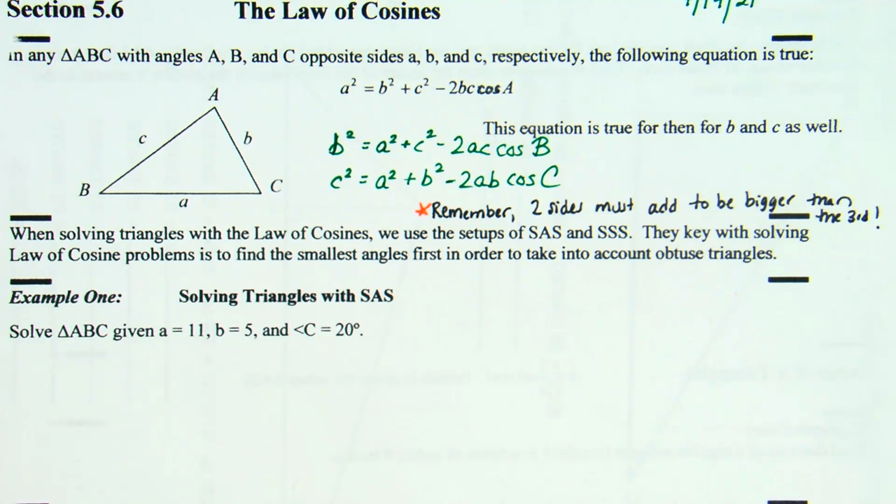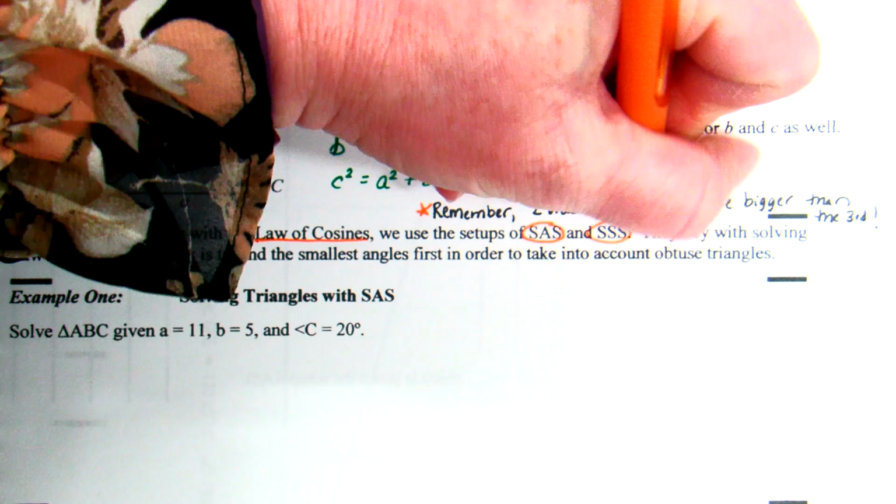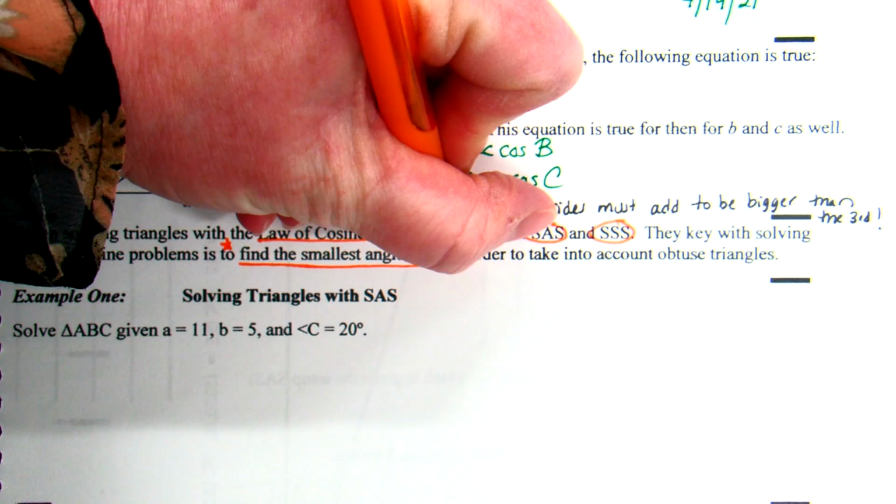Now, when solving triangles with law of cosines, we can use the setups of side angle side and side side side. The key with solving law of cosine problems, are you catching this right here? We always find the smallest angles first in order to take account into obtuse triangles.